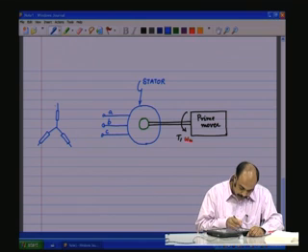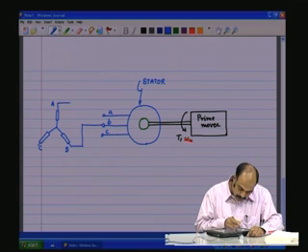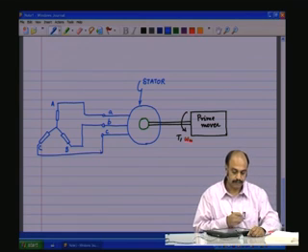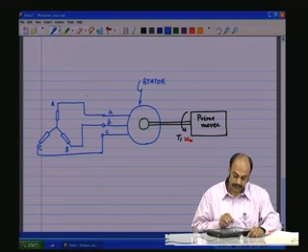So instead of a three-phase source, we are connecting the stator side to a three-phase resistive load as shown here, which is going to take the active power.